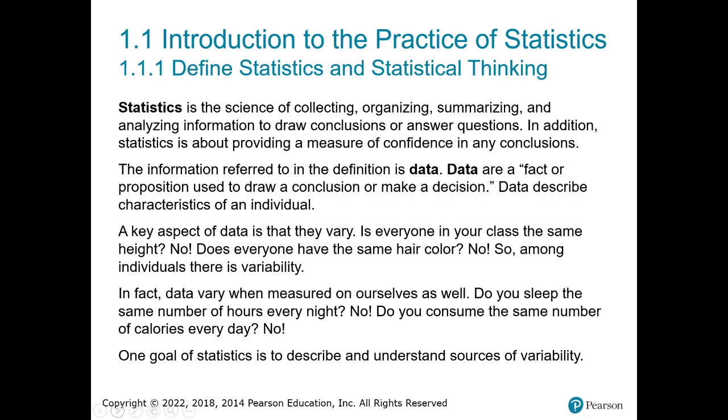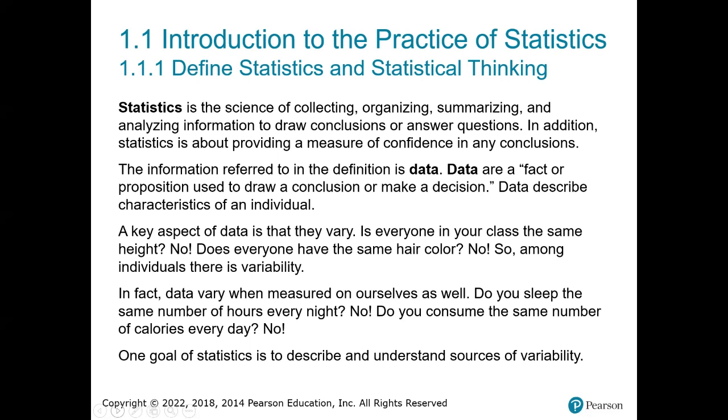All right, so any information that we look at or work with is called data. And data is facts that we use to draw conclusions. Data is going to describe the individuals or items we are looking at. It can be any variation of topic, whatever we want to look at.